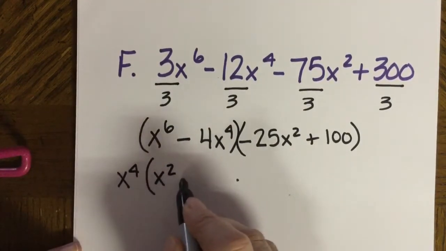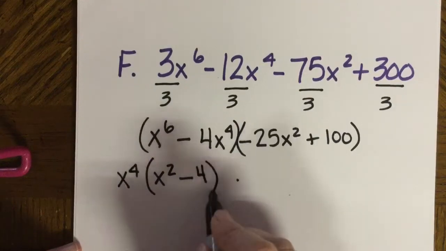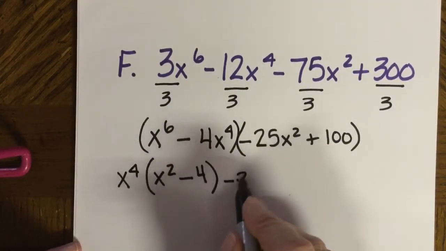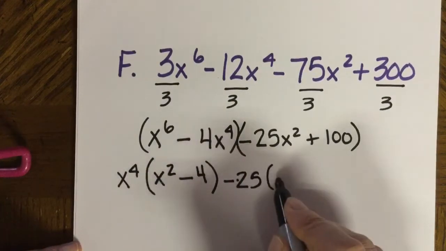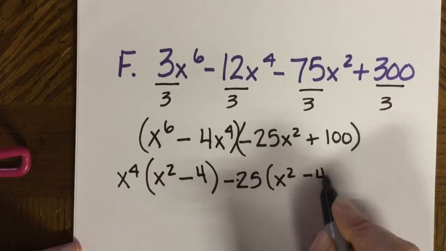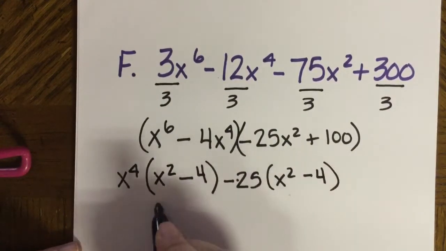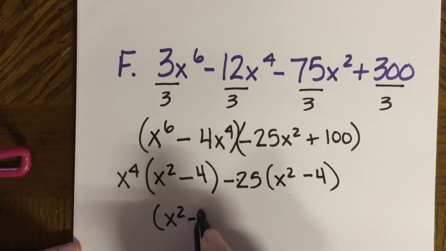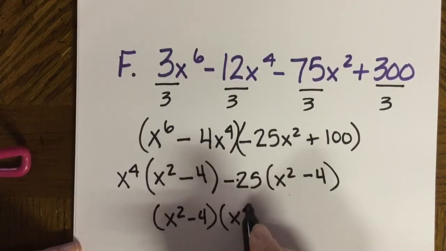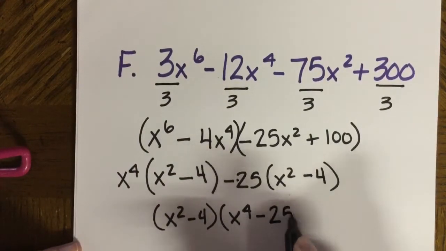That leaves me with x squared minus 4. Here, my leading coefficient is negative, so I'm going to take out a negative 25. And that leaves me with an x squared minus 4. My repeated factor, x squared minus 4, times what I have left over, x to the 4th minus 25.